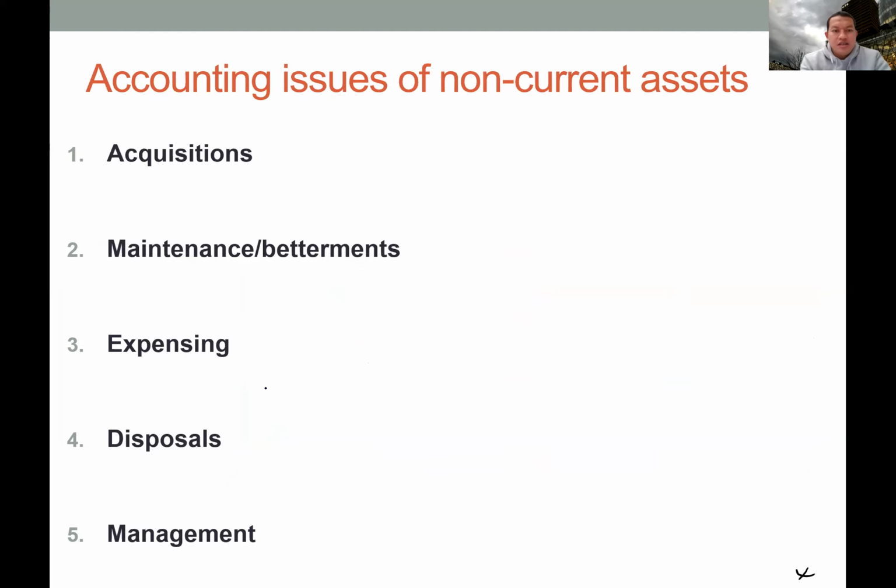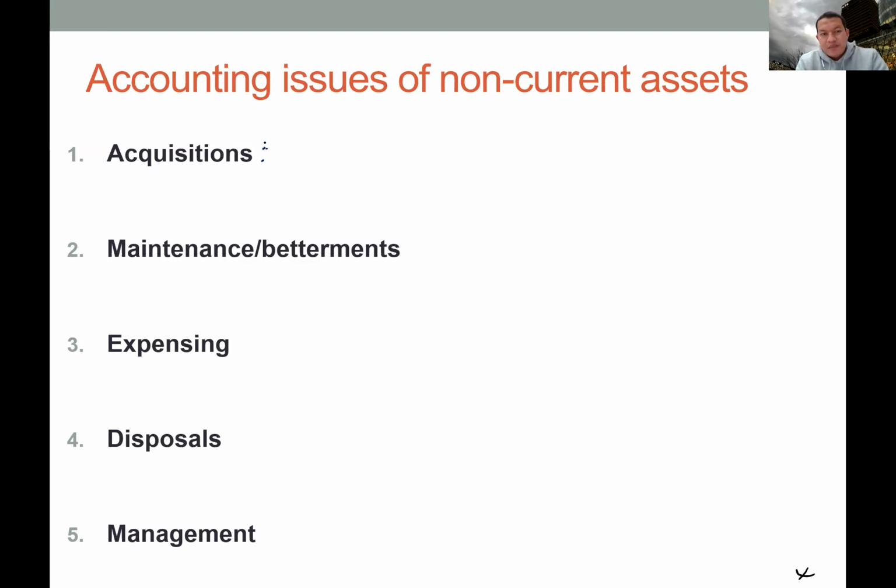The first one is the acquisition phase. In the acquisition phase, the most critical issue is that we have to properly identify which costs should be included as part of the acquisition cost. Basically, all costs directly related to the acquisition process should be included.